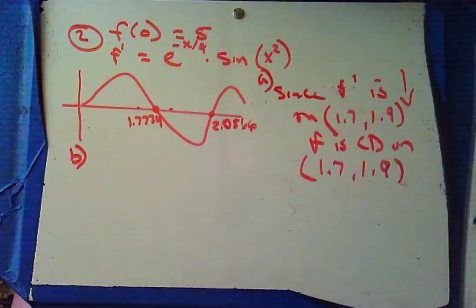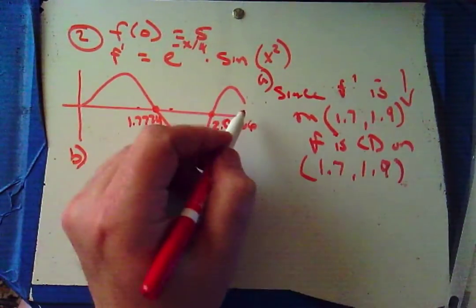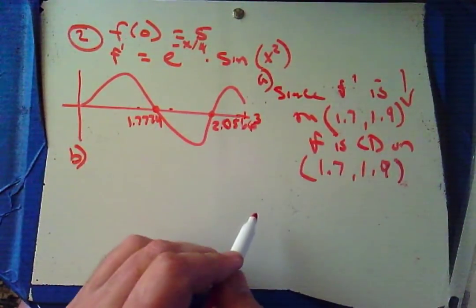Part B says, on the closed interval, find the value for x where f has an absolute max. Okay, and we're going on 0 to 3. So my graph stops here at 3.